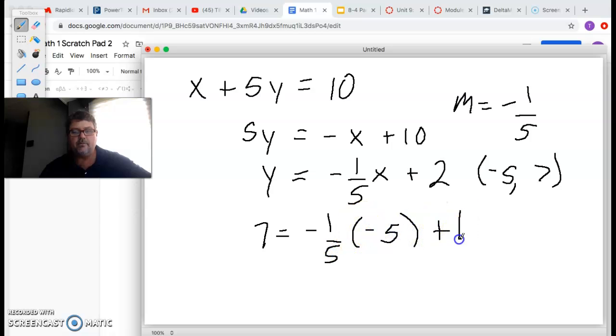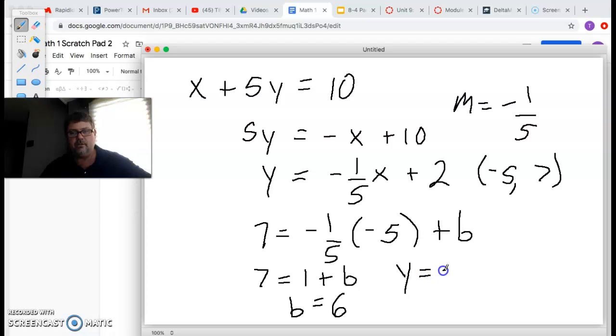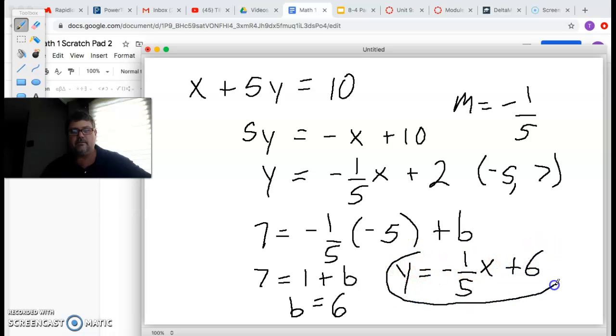And we don't know what b is, right? That's the whole problem. So now we have 7 equals negative 1/5 times negative 5 is 1 plus b. So it looks like b is going to have to be 6 when you subtract that 1 over, right? All right, so our answer to this problem is y equals negative 1/5 x plus 6.